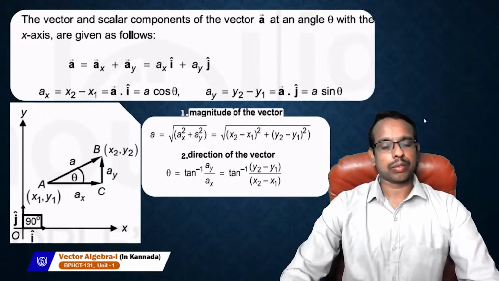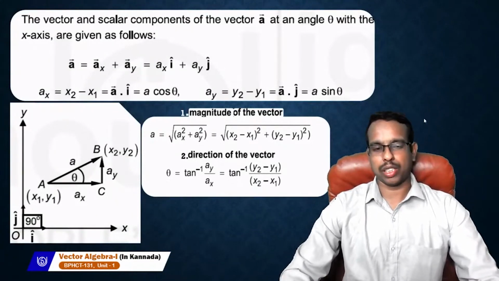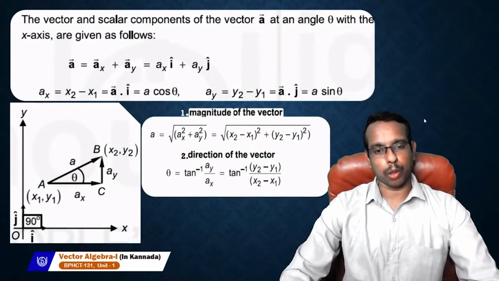So in the previous case x1 was 0 and y1 was 0. If we split ax, it becomes x2 minus x1, and ay becomes y2 minus y1, because it is just a displacement. Displacement depends upon the initial and final points.